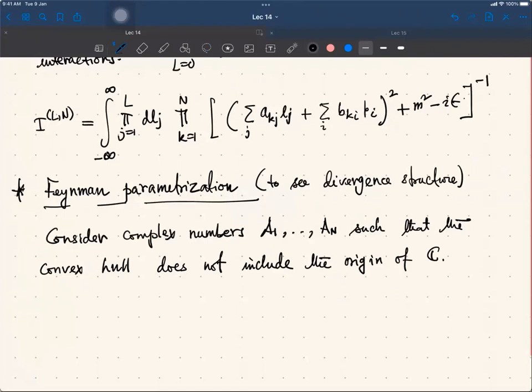What is a convex hull? A convex hull is the smallest convex set in R2 that contains these n complex numbers.